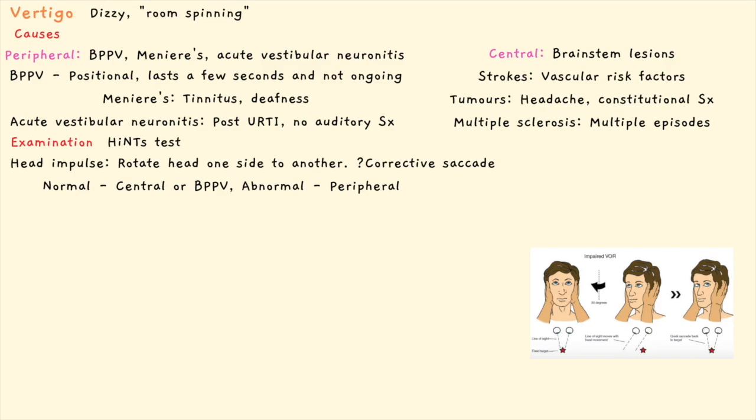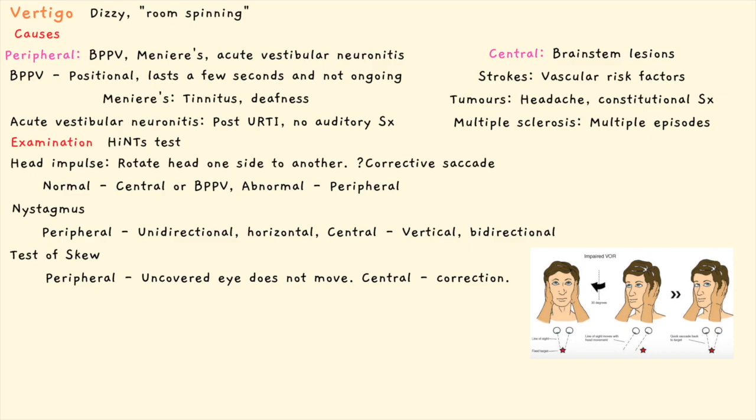Then if there's a corrective saccade, it means your eyes move back to look at the position it was initially looking at. And if that happens, it's called abnormal, in which case there's a peripheral cause, which is good. If it's normal, then it's central or it's BPPV. So central, very bad, BPPV, not too bad.